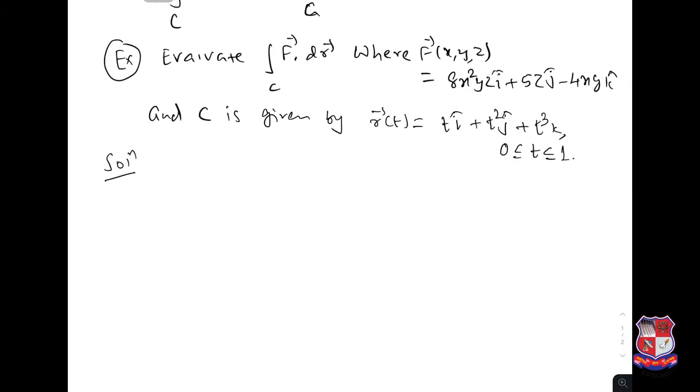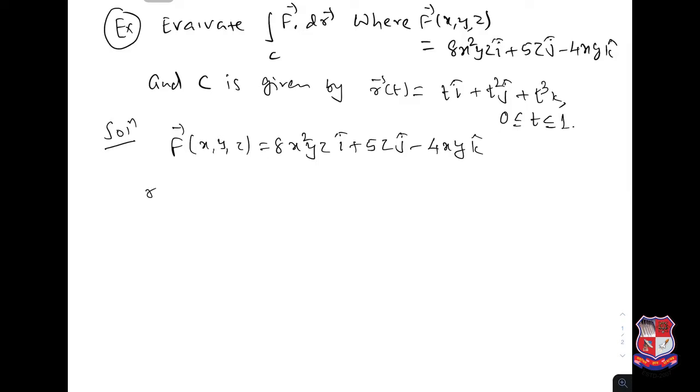F dot dr. So first we take f. The f is 8x square yz i plus 5z j minus 4xy k.